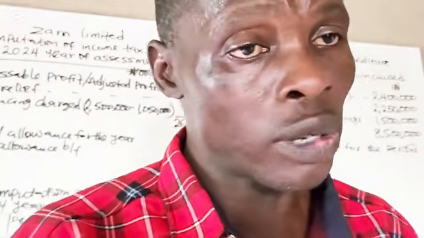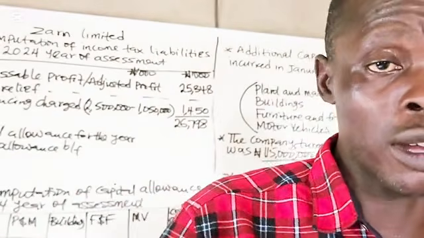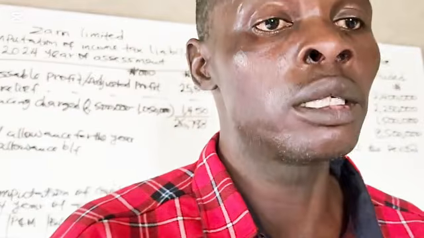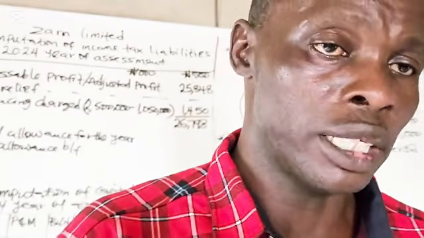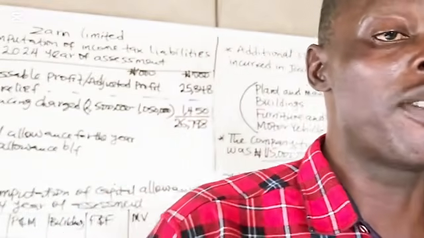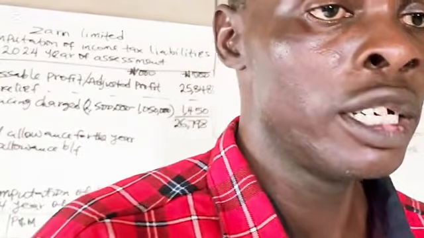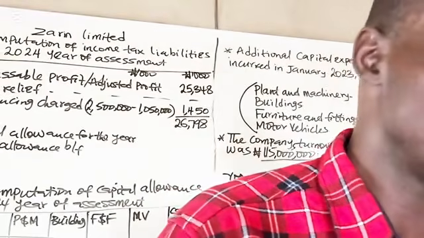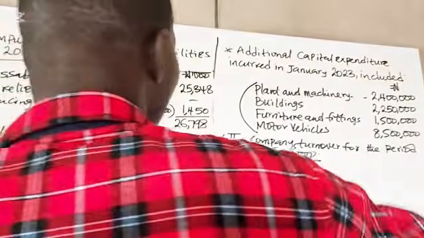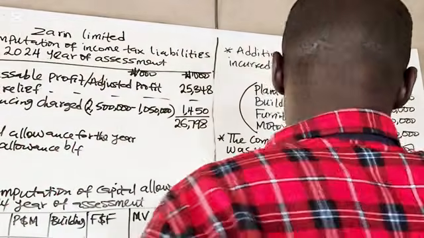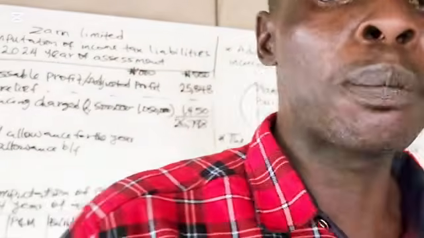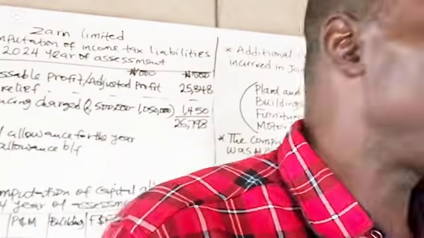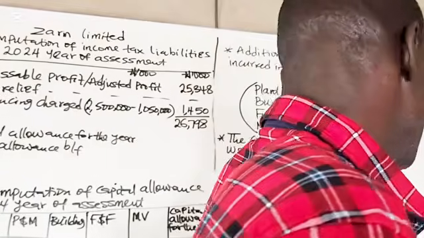According to Finance Act 2023, up to 31st of August 2023, we still have investment allowance on plant and machinery at the rate of 10%. But effective from September 1st, 2023, investment allowance has been removed by Finance Act 2023. This expenditure was incurred in January 2023, a period prior to August 31st, 2023. That means we will still need to include the investment allowance.